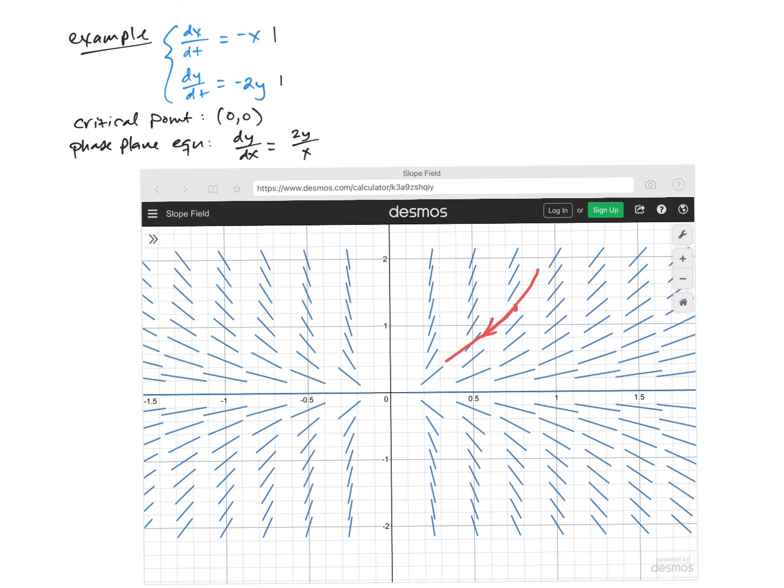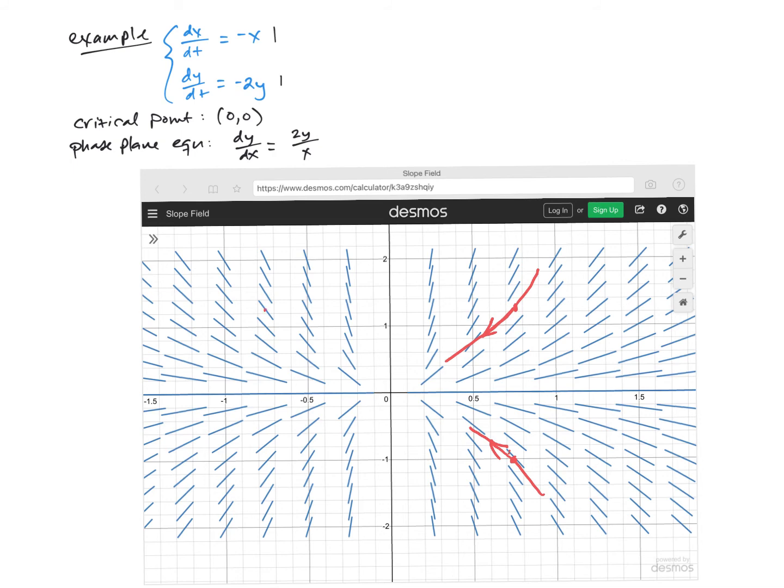Okay, so that's going to be true in this quadrant too, in the lower right, because x is still positive. So dx/dt is going to have to be negative, and we're going to be moving in that direction. You could think about it the same way with y. So in the first quadrant, in the top right, y is positive, so dy/dt is negative, and you'll be going down.